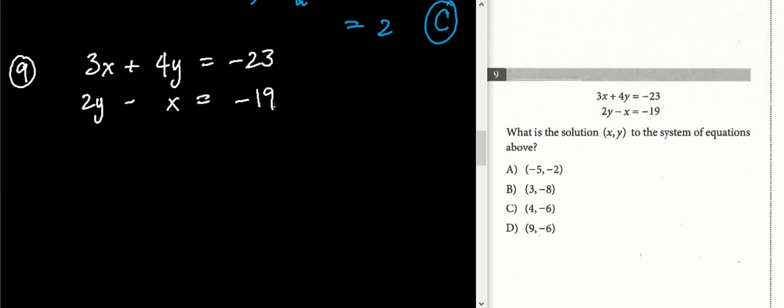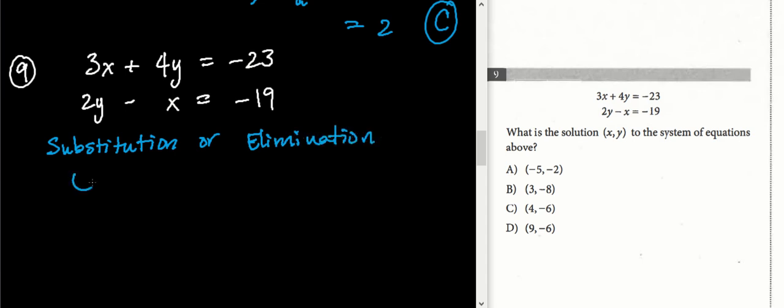And we're asked to find the solution to this system of equations. With a linear system of equations, you'll use either substitution or elimination. But in either case, the first step is the same, where you'll solve for the value of one of your variables.